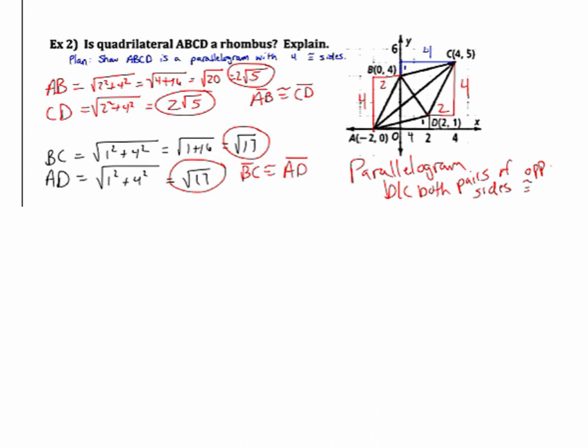So now I look at this and I say, well, a rhombus has to have 4 sides that are congruent. And if I look back at my numbers, I've got 2 root 5 and 2 root 5, but that is not the same thing as square root 17 and square root 17. So using the same distances that I already calculated, I can see that this is definitely not a rhombus.